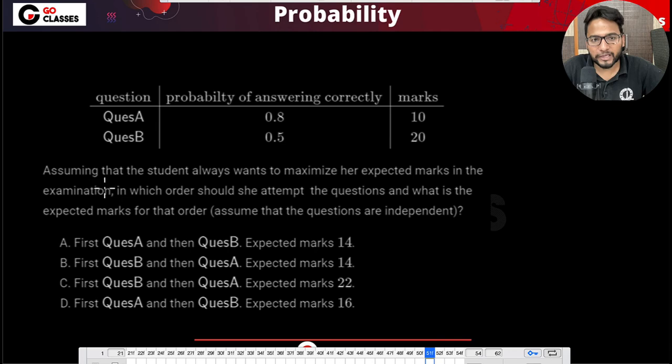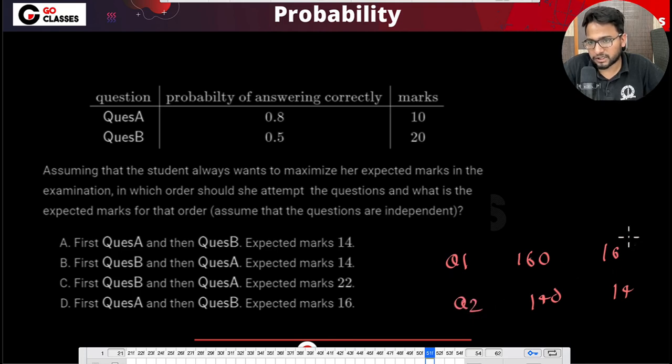Cool. Now, assuming that a student always wants to maximize their expected marks in the examination, in which order should they attempt the question and what is the expected marks? So we have just solved this question, I think. Instead of 100 and 100, I mean, instead of 10 and 20, it was 100 and 200. So I think instead of 160 or 140, it should be 16 and 14 here. If question 1 is attempted first, then this is the answer: 16 should be answered.